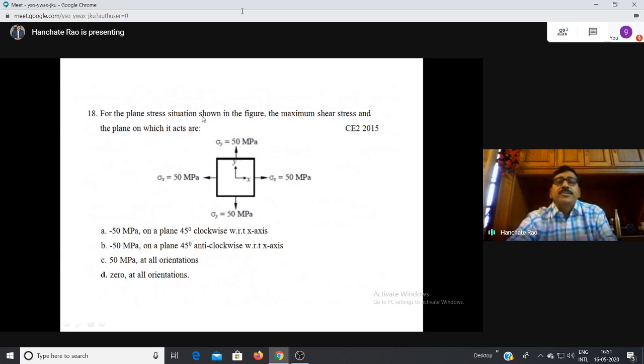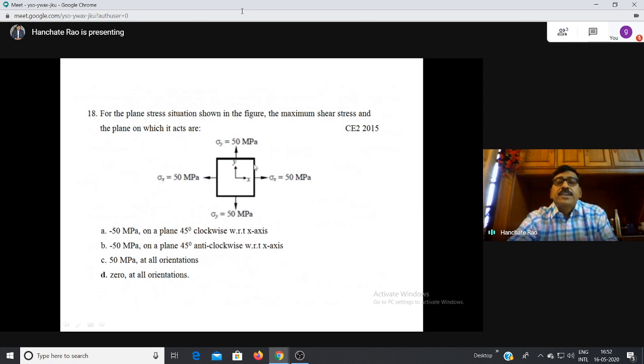For the plane stress situation shown in the figure, the maximum shear stress on the plane on which it acts are. He has given sigma x as 50 megapascals, sigma y is equal to 50 megapascals, tau is equal to 0. So what does he want? The maximum shear stress. Maximum shear stress is (sigma 1 minus sigma 2) by 2.